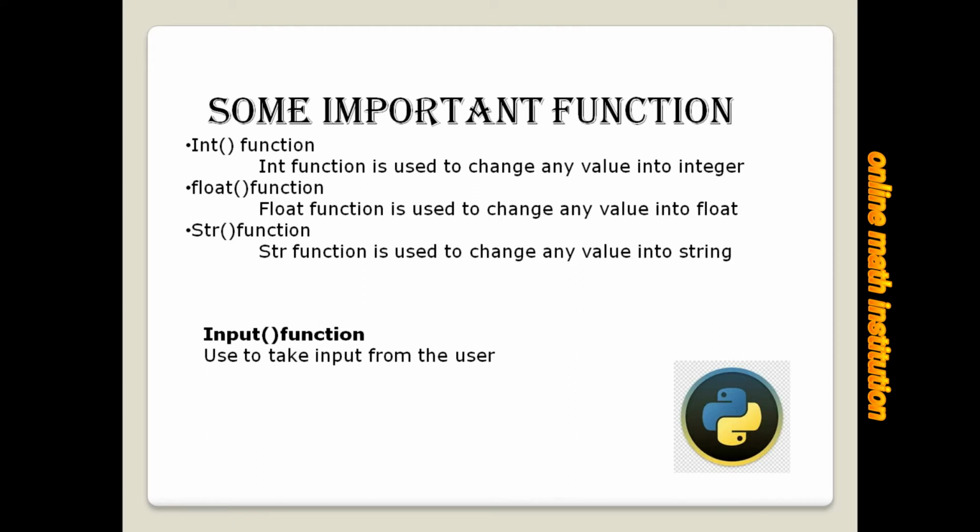If we have a floating point value or any other type of value, we can use the int function to change it into an integer. The next function is the float function, used to change any value into a float; if we have an integer value, we can change it into a floating point value.